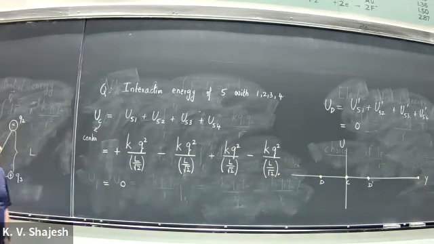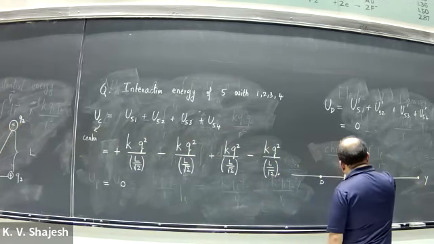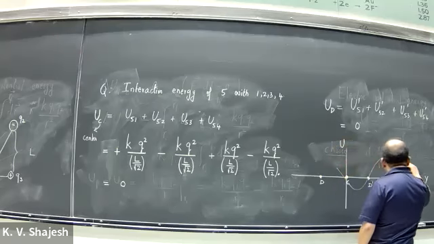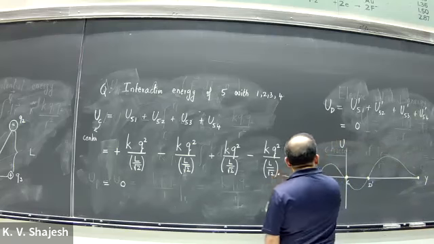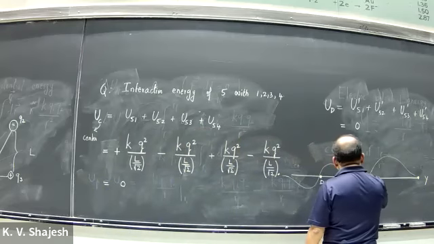And now if you have to fit a function in this, you can argue that the possibilities are that this has to go through here. So this could be one possibility, or it could even be the other way.